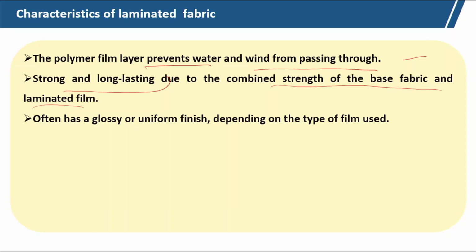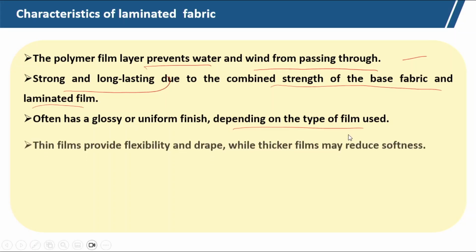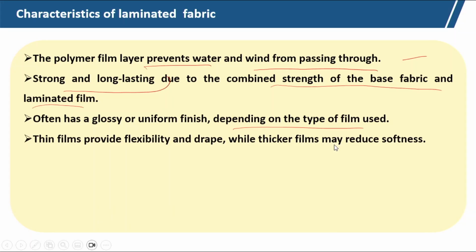The fabric often has a glossy and uniform finish depending on the type of film used. So, the laminated side remains glossy and uniform. Thin film provides flexibility and softness, whereas thicker film may reduce the softness.